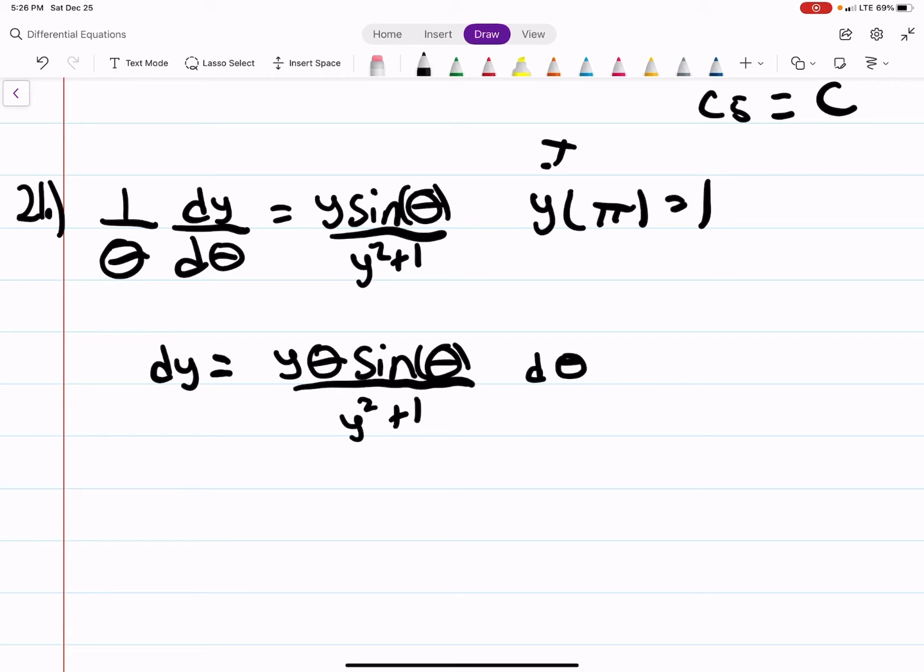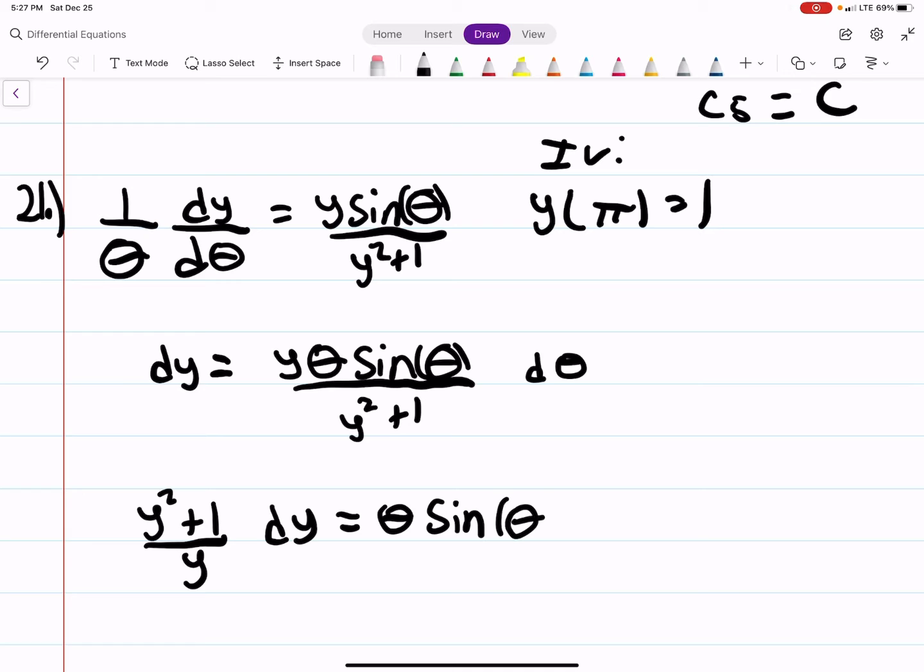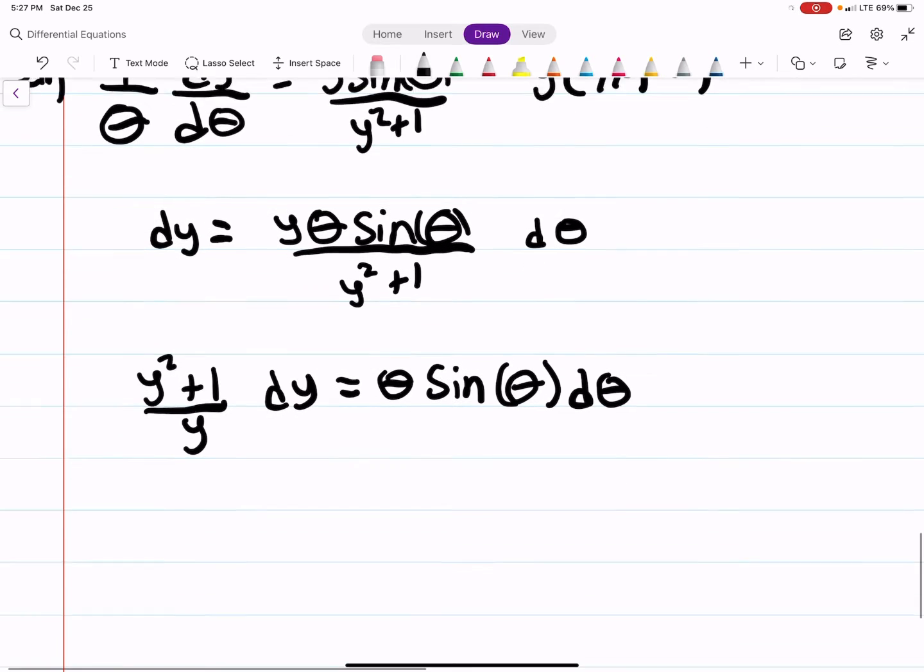That's your initial value. Okay. All right, so we can multiply over by y squared plus 1 and divide over by y. And thankfully, this is separable. We've successfully separated our equations. That's good. That's the only trick we know at this point, so good start.